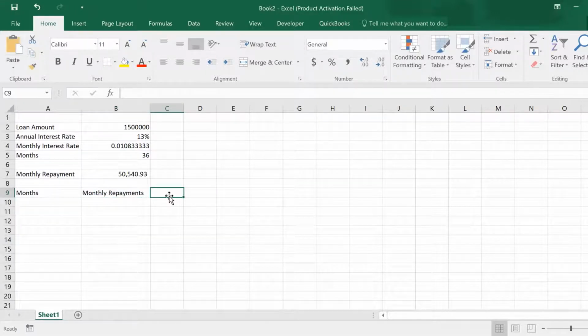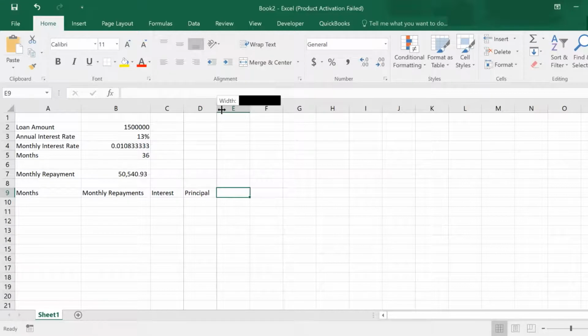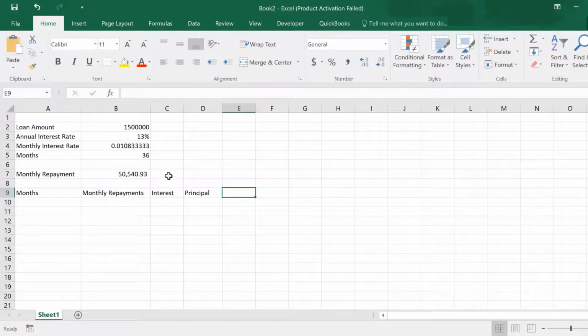You can then look at the interest, then the principal. So the principal is the amount which reduces now the actual loan balance. So for every monthly repayment, part of this payment goes to interest and part of it goes to the principal.